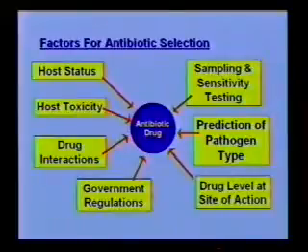Certainly other pharmacokinetic factors, such as the necessary drug level you must have in order to properly treat an organism, whether that organism is resistant to a particular drug, come into play in your choice of an antibiotic.